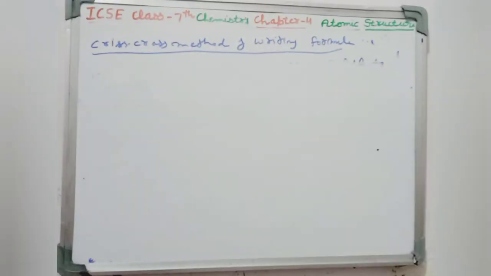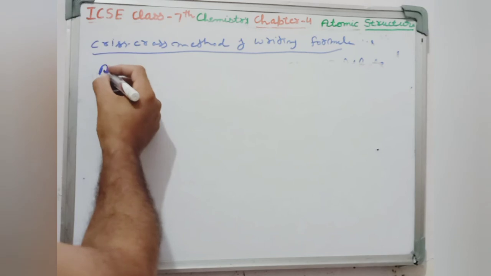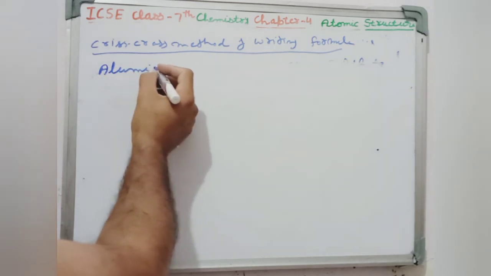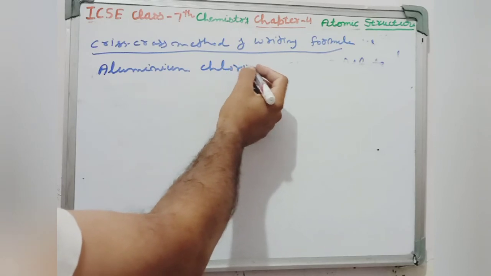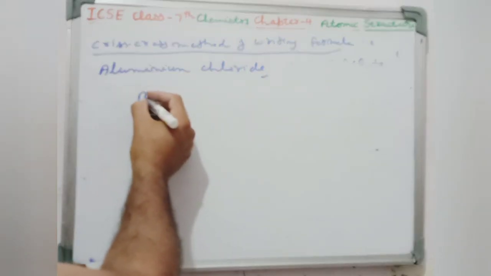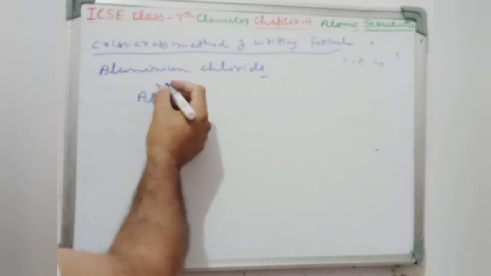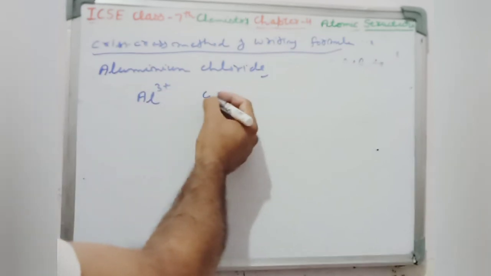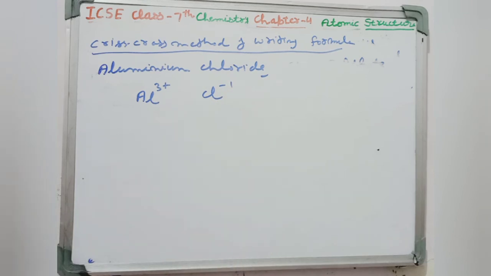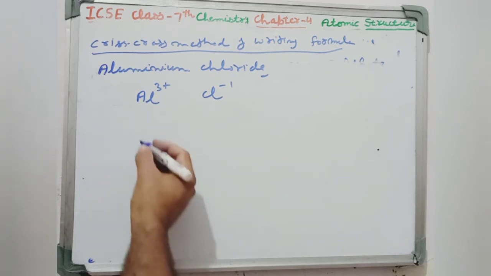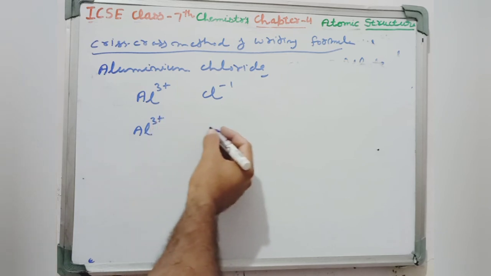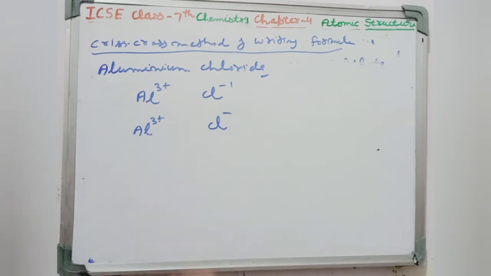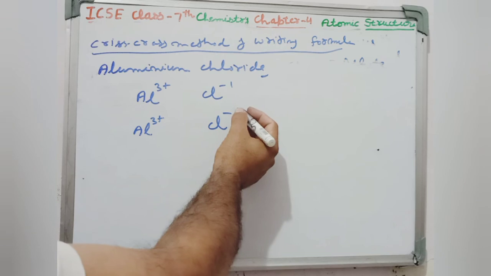Now if we do another compound, aluminium chloride, right? We know here the aluminium ion is positive and the chloride ion is negative. First step. Second step, we will crisscross them: Al3+ Cl-.